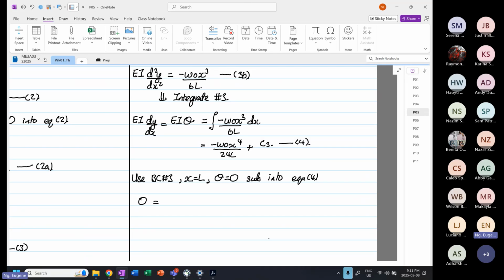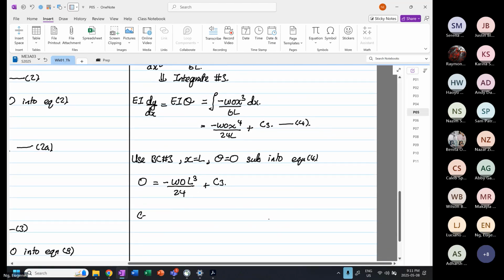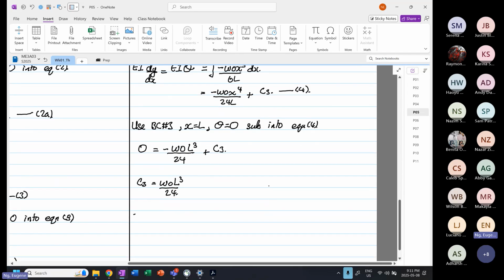So we have 0, and this is equal to minus omega naught L cube over 24 plus C3. So from here, our C3 will be equal to omega naught L cube, not 2 cube, okay, L cube over 24. So we put everything back in, so we have EI dy over dx, which is EI theta.